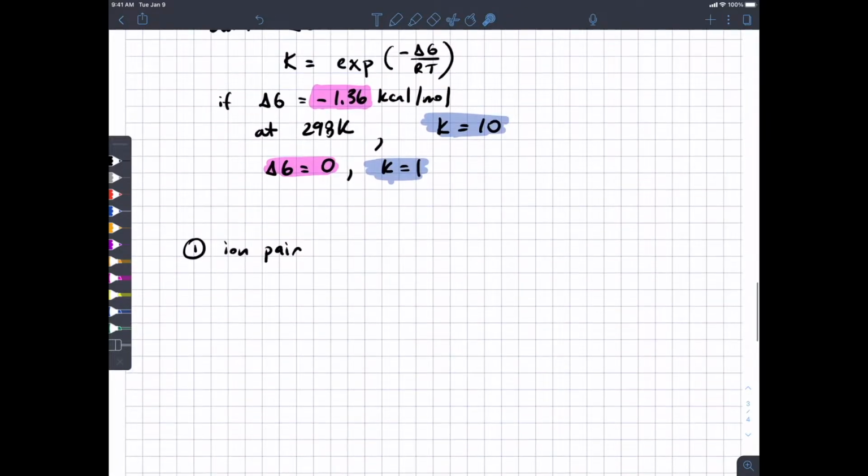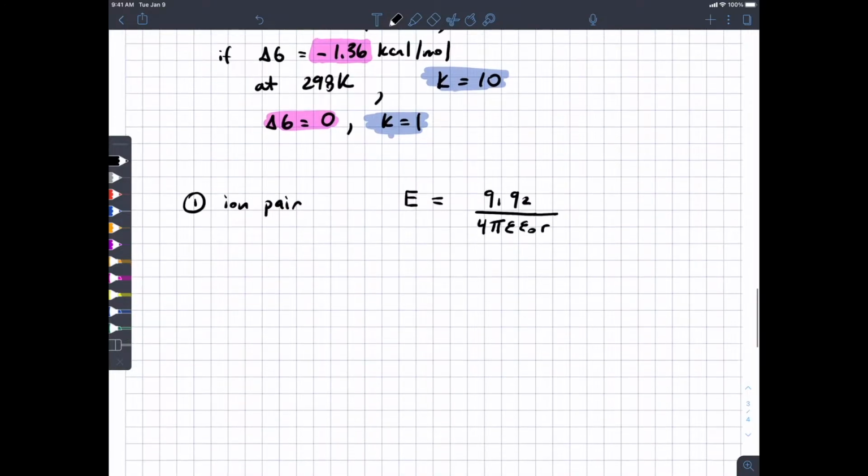For these non-covalent interactions, it's good to understand the relationship between charge and partial charge and the distance between two ions. So the energy of having ions close together you just get from Coulomb's law. Q1 is charge 1, Q2 is charge 2. Then we got a bunch of constants in the denominator, 4 pi, and I formulated this a little bit differently.